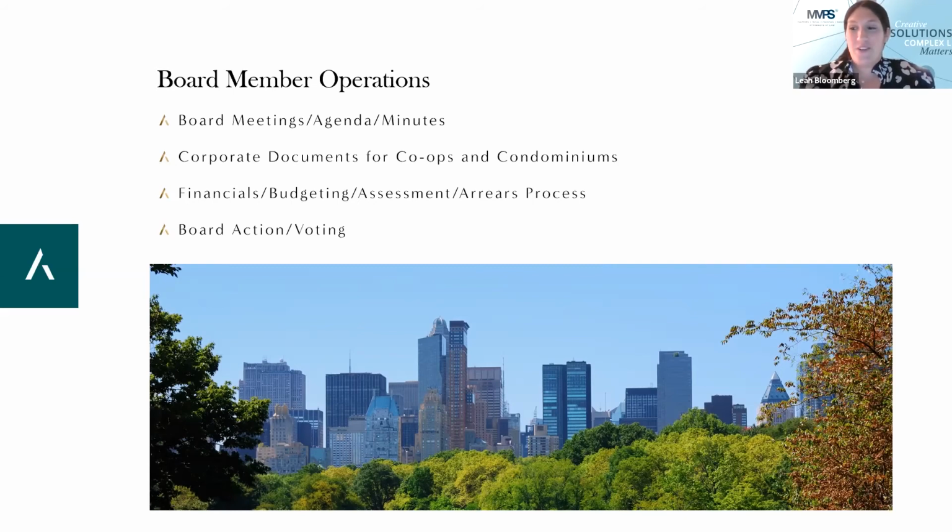And so the budget will not only contemplate the projects that you plan on taking on, but also real estate taxes in the event of a co-op, service contracts, your employees, your staff, your professionals, how much you anticipate spending on all of these categories.